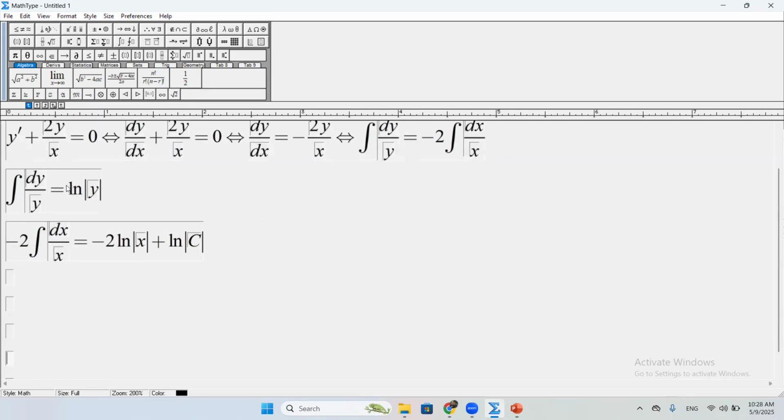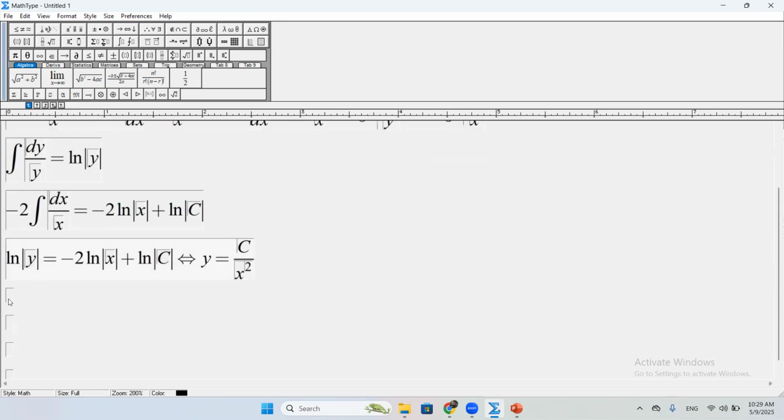So now let's write down the solution, and now we will express y explicitly. So y will be equal to c over x square.